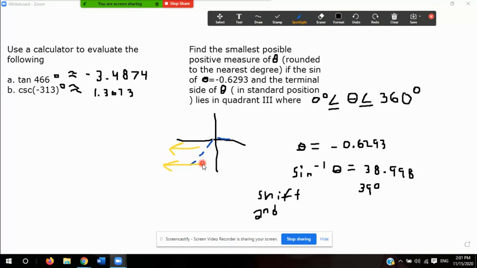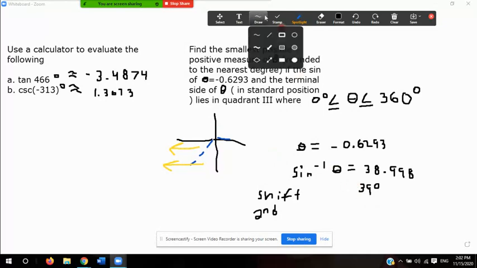Now, why am I going to add it and not subtract it? Well, because if I subtracted 180 minus 39, it would give me an angle in quadrant 2, and that would make no sense, because the problem says that the terminal side lies in quadrant 3, which means I would have to add, in this case, 180 plus 39.